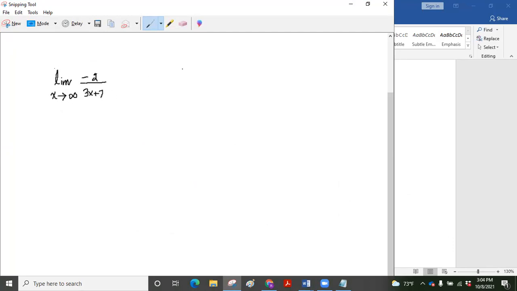So for this limit, the rule is to divide by the greatest power in the denominator. The greatest power in the denominator is clearly x.